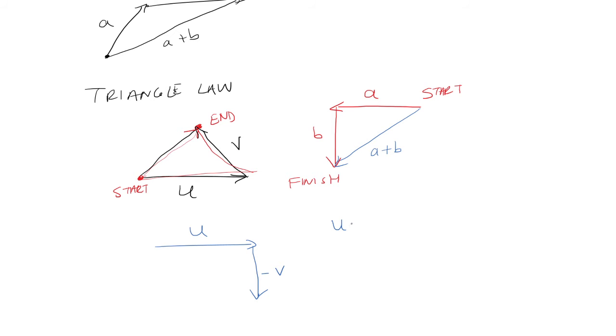If I want u minus v, that's the same thing as u plus negative v. So I'm technically adding, I should put that in quotes, adding these two vectors. This is my start, this is my finish, connect those two. This will be u minus v.